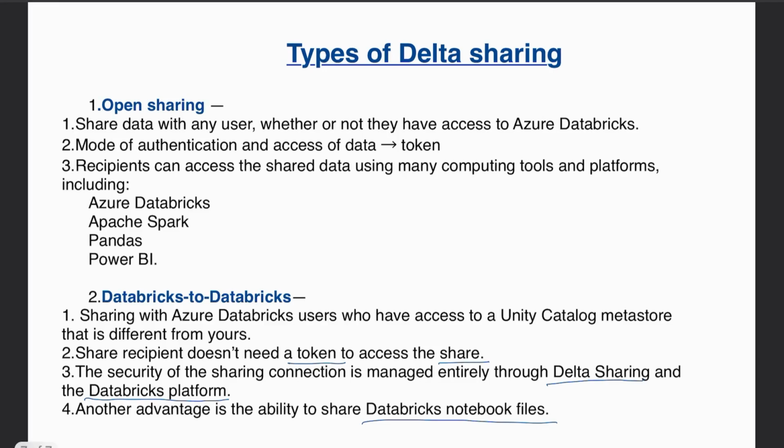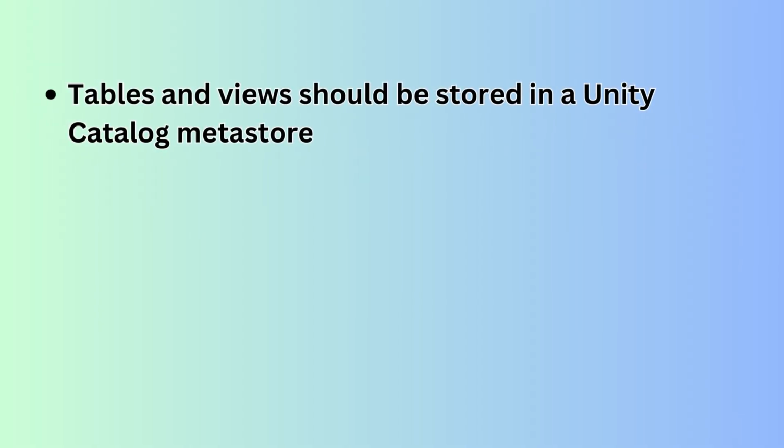So let's say you have enabled data sharing across the organization and across other organizations, but there are a few limitations that you need to keep in mind before enabling this data sharing. Only the tables and views that are stored in the Unity Catalog metastore can be shared using data sharing.